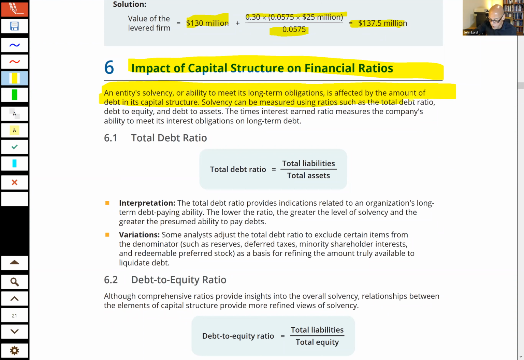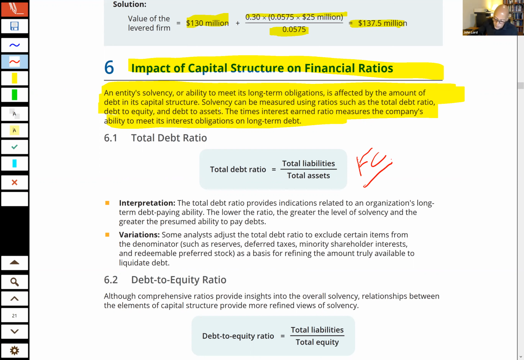Solvency can be measured using ratios such as debt to equity, debt to asset ratio, and the times interest earned ratio, which measures the entity's ability to meet its interest obligations on long-term debt. These are some of the easiest ratios on earth, but please flashcard them.